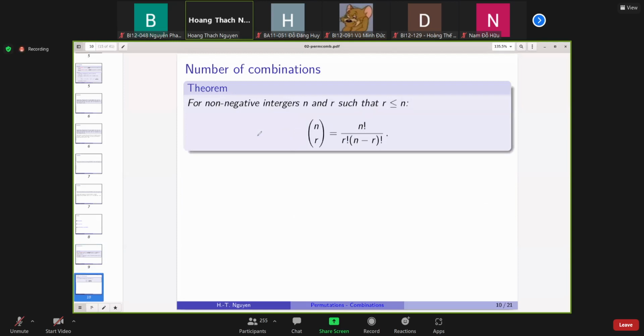You may have been familiar with the formula for the number of r-combinations of n elements. It is given by this, but maybe it is instructive to remind you of the proof of this formula.